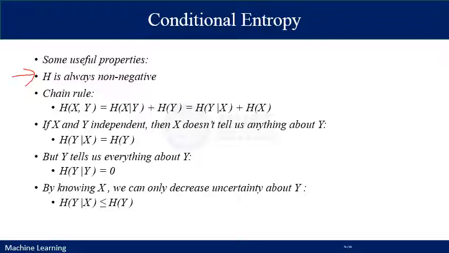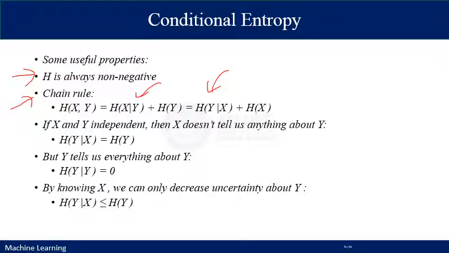Entropy also employs the chain rule. For example, if you find the joint entropy of X and Y, it equals the conditional entropy of X given Y plus the entropy of the occurrences of the output Y, which is equivalent to the reverse of that event with respect to the occurrences of the training data.